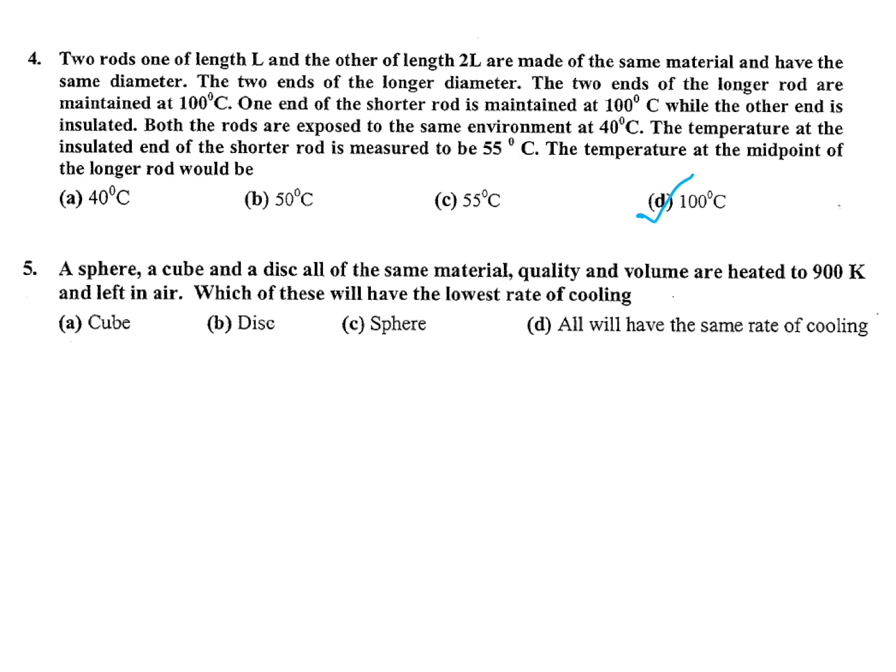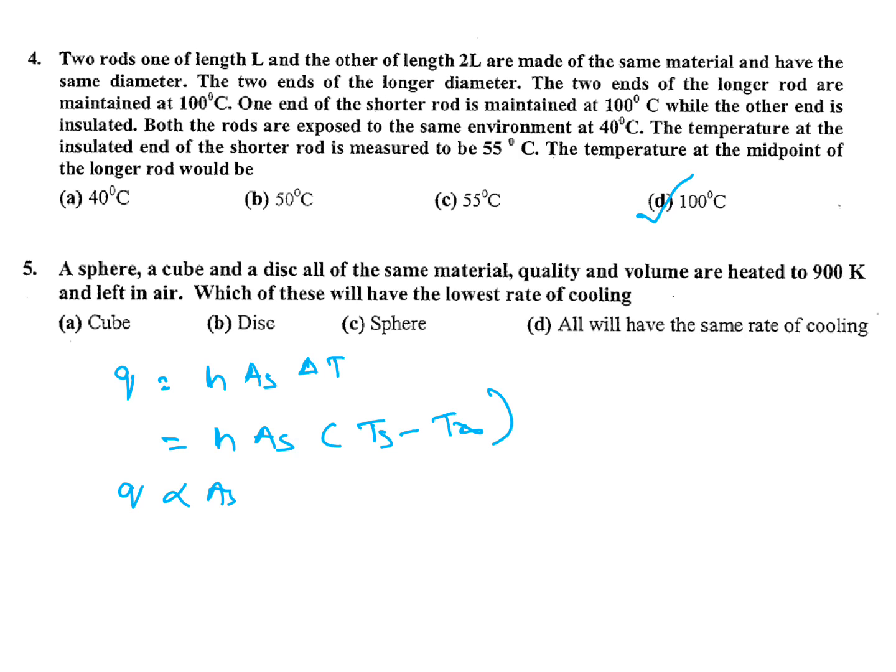From Newton's law of cooling, Q is h into surface area into delta T. Delta T you can write as surface temperature minus atmosphere temperature. So Q is proportional to As.